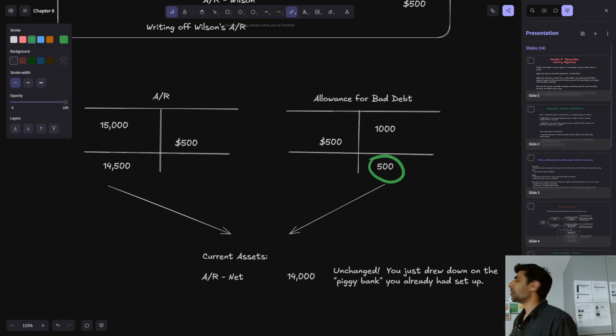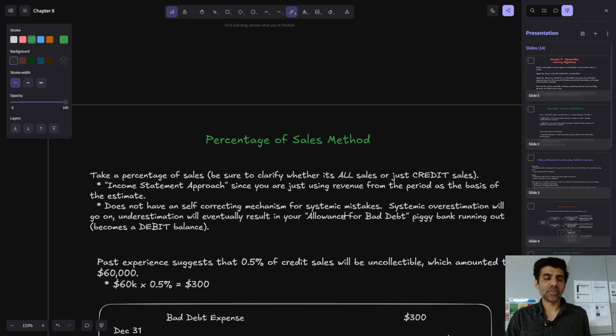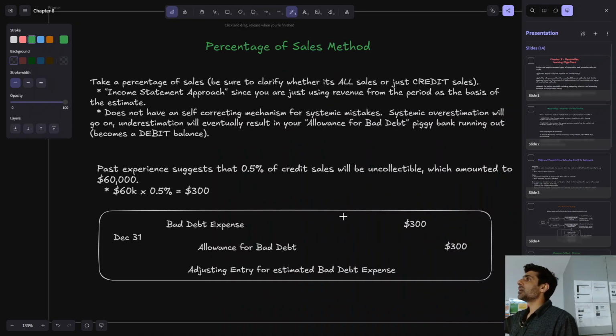So at that point, if you're using percentage of sales, you'll probably have to make a large bad debt expense correcting entry, not only to make up for all the previous periods you've been underestimating, but to also get a credit balance back into the allowance. That's what a lot of businesses will do.